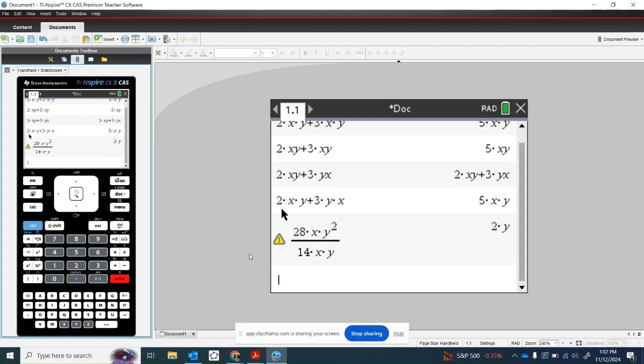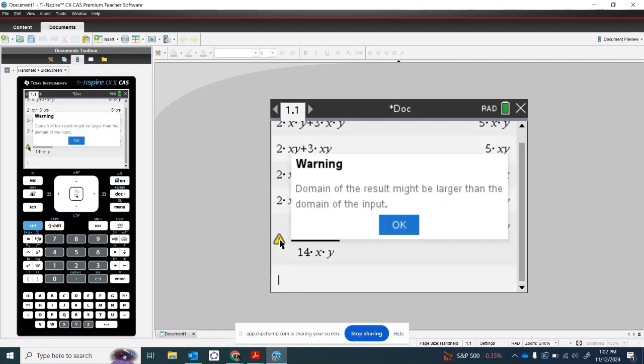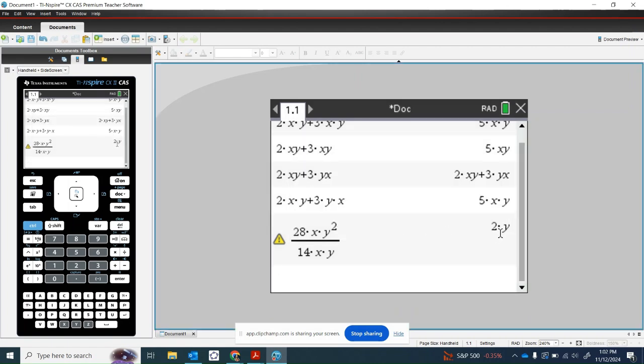Do know that this little warning comes up here just to say the domain of the result might be different than the domain that I started with. It's a caution: this is your answer, but if you needed to be concerned about your initial domain, you need to know that x can't be 0. X equals 0 would be a hole, things like that. So it's just giving you a cautionary symbol there.